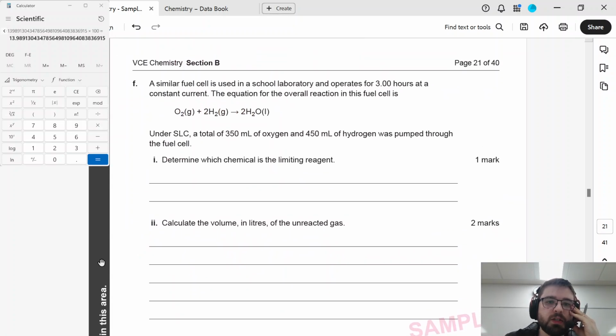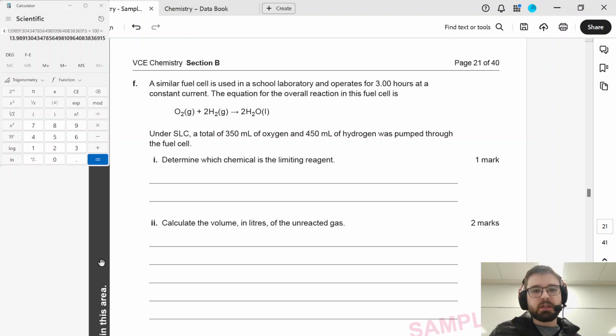A similar fuel cell is used in a school lab, operates for 3 hours at a constant current. The equation for the overall reaction in this fuel cell is this. Under SLC, a total of 350 mL of oxygen and 450 mL of hydrogen was pumped through the fuel cell. Determine which chemical is the limiting reagent. Remember that both of these are the same.